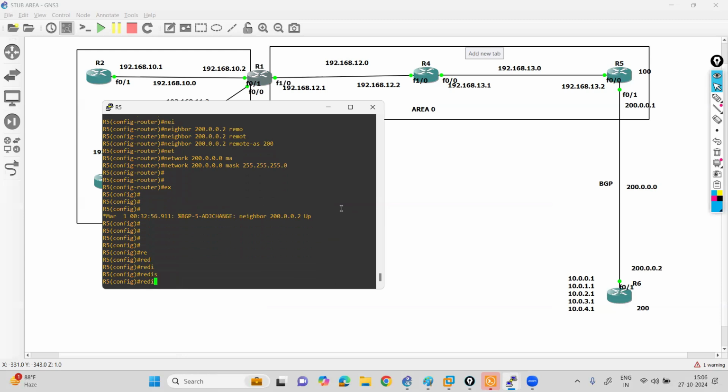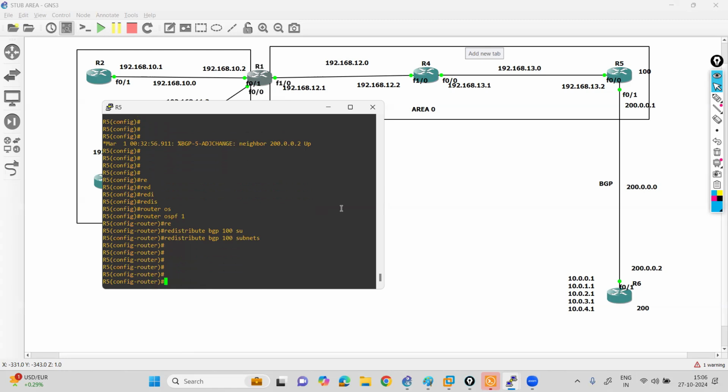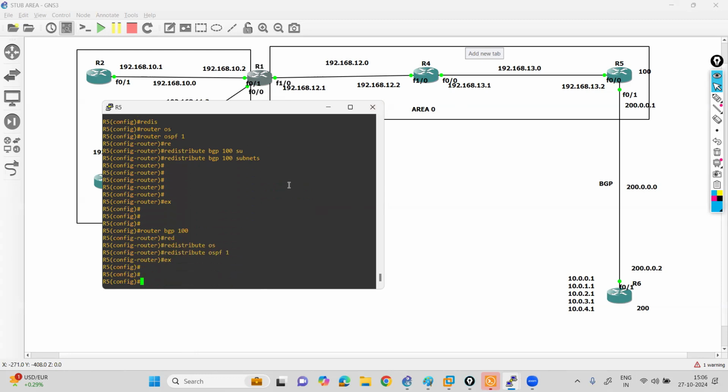Sorry, router OSPF 1, redistribute BGP 100 and subnets. Now let's do the same for the second one also, router BGP 100, redistribute OSPF 1, right? Now we have just done the redistribution.